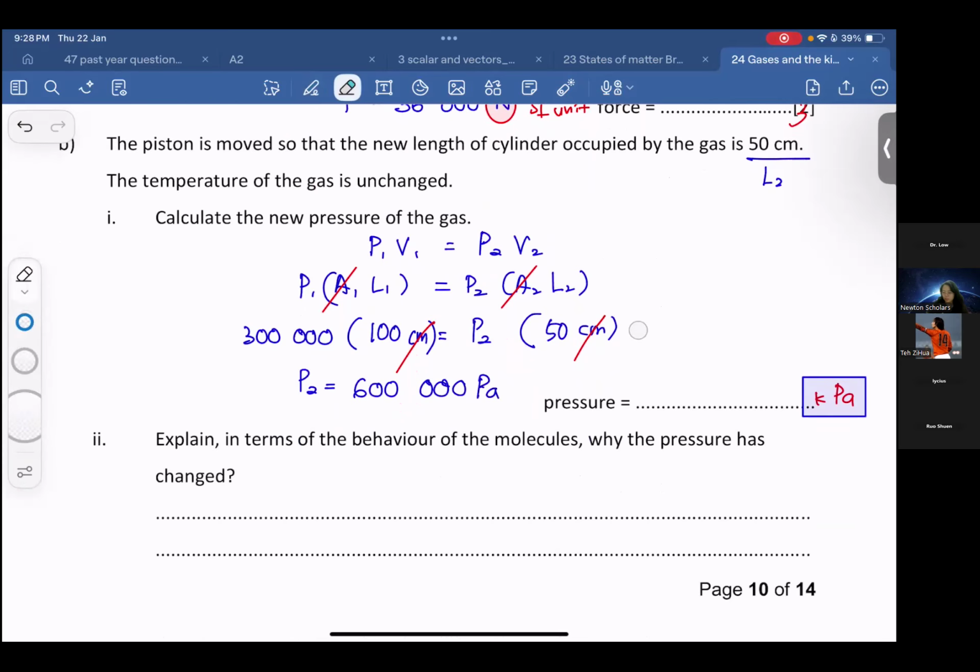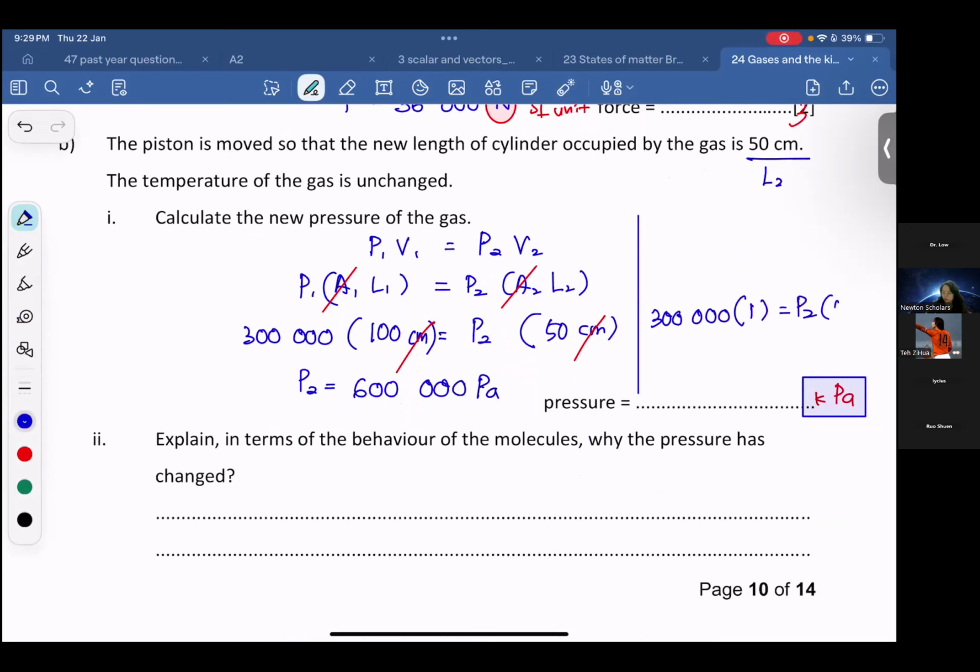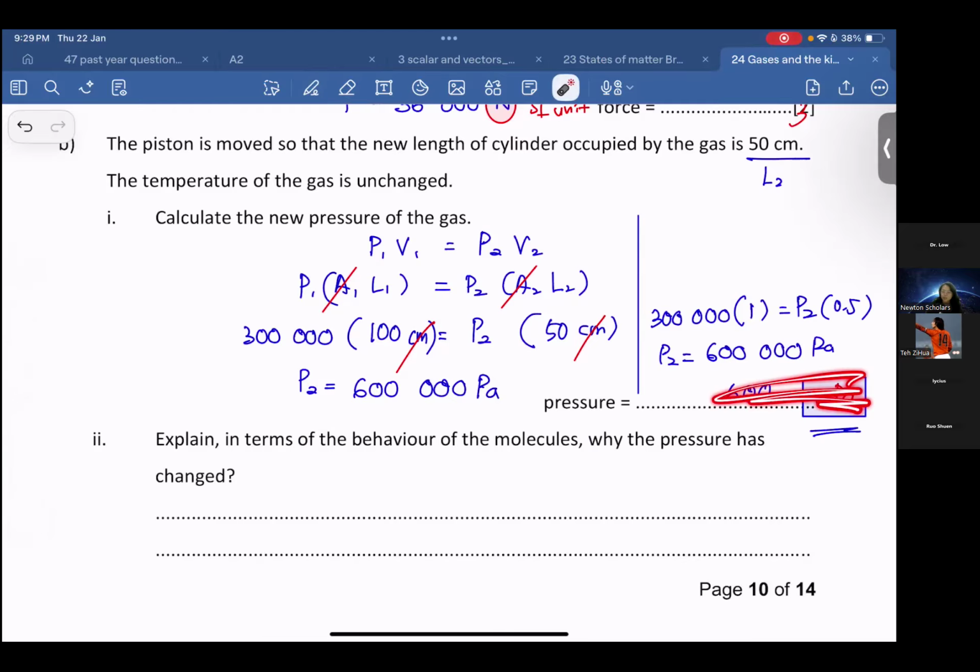If you don't believe me, you can try converting to 1 meter and 0.5, and the answer will be the same. If they write kilopascal, then our answer will be 600 kilopascal, where kilo represents 1,000. If they didn't mention anything, we can write 600,000 Pascal. No problem.